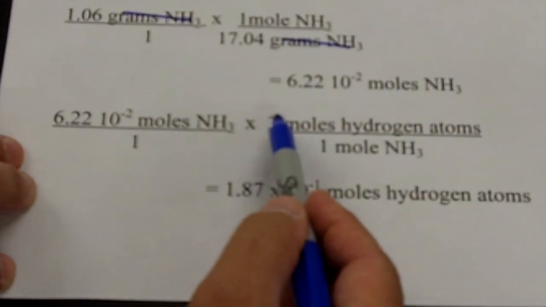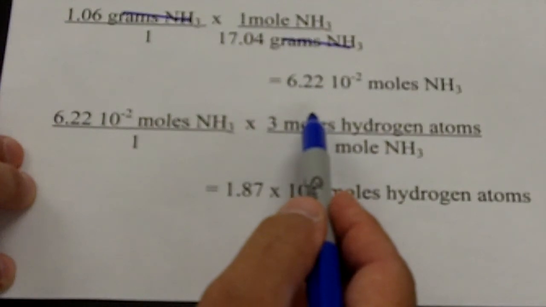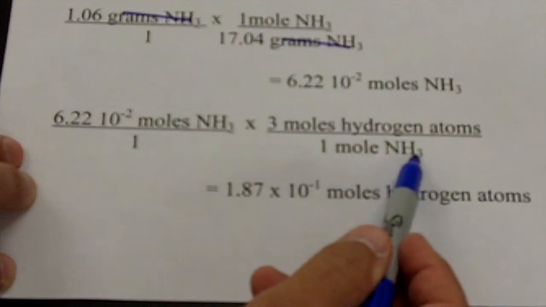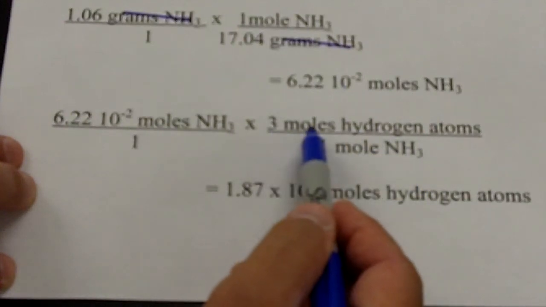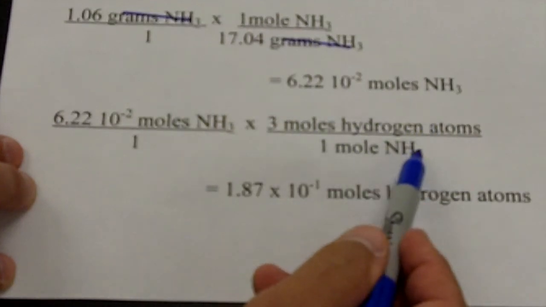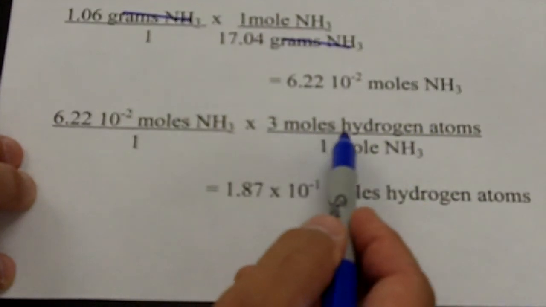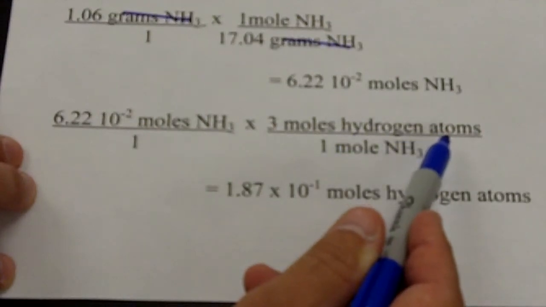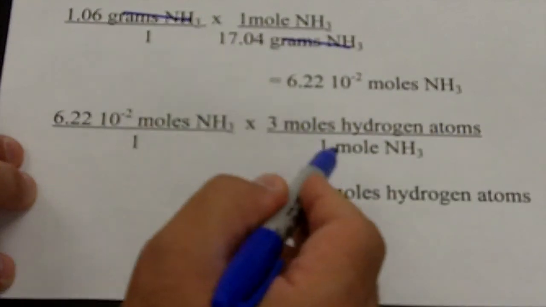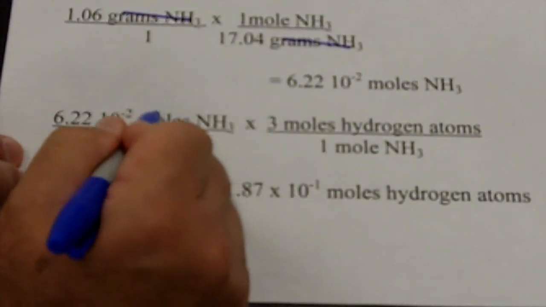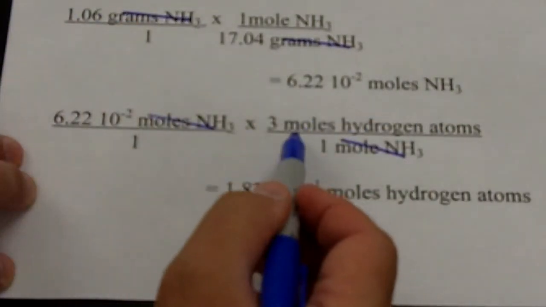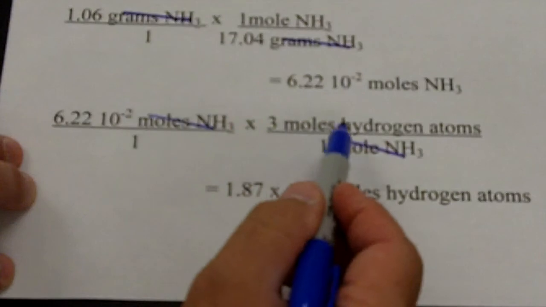There are 3 hydrogen atoms in a molecule of ammonia. That means if I have 1 mole of ammonia, I'd have 3 moles of hydrogen atoms. Okay? If I have 1 mole of ammonia, I'd have 3 moles of hydrogen atoms, since ammonia is NH3. So now I have the conversion that I was looking for. Moles of ammonia go away, and I'm left with moles of hydrogen atoms.